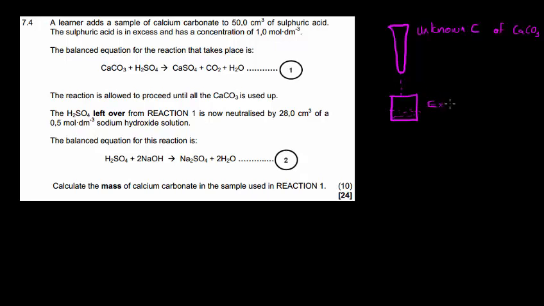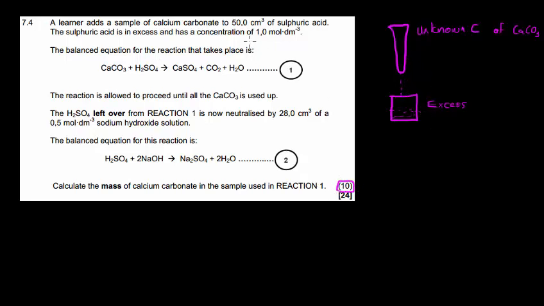And you see, this is exactly opposite to what I said before. We'll go through it, and then you'll see. You can see it's 10 marks. It's quite a big question.